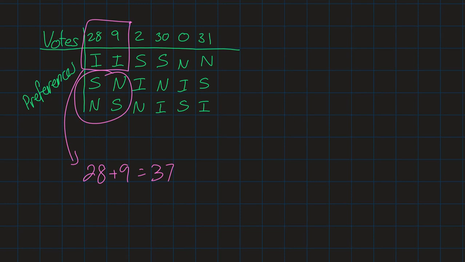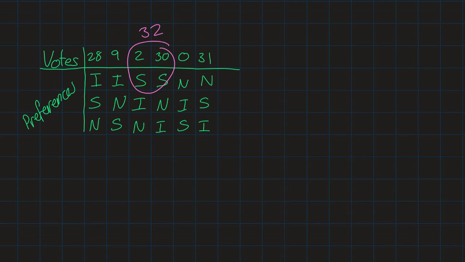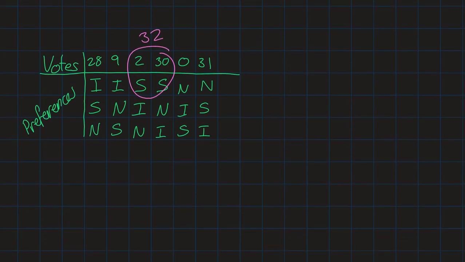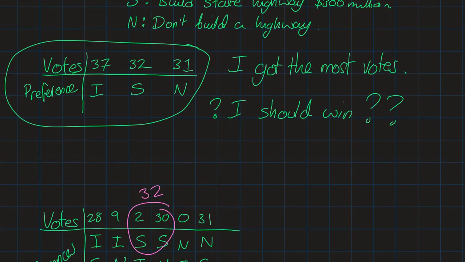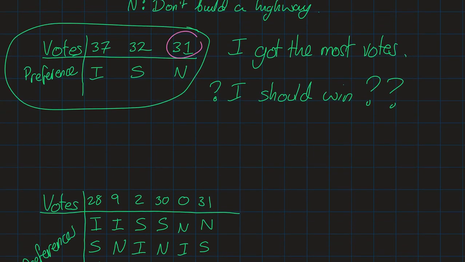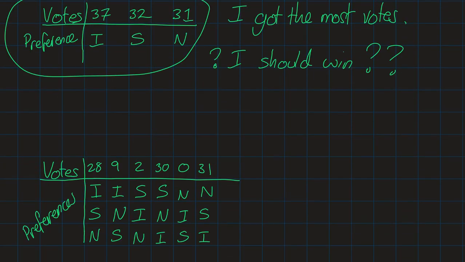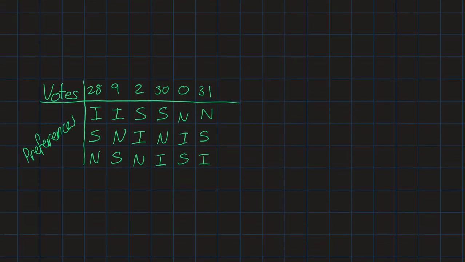Now you also know how they feel about their second choice and their third choice. So just to check it's all consistent, you have 32 people who want S as their top choice. 32 people. So that's good. And then 31 people who want N as their top choice. So the number of top choice preferences has not changed.